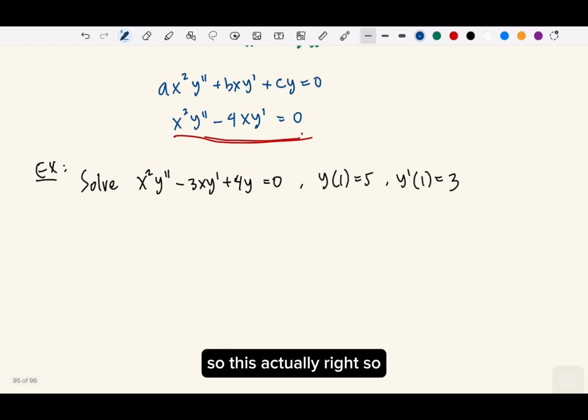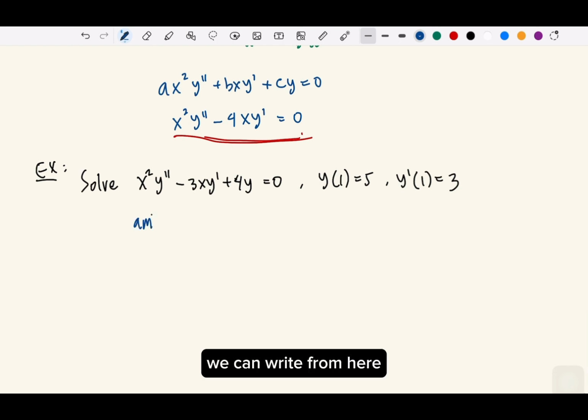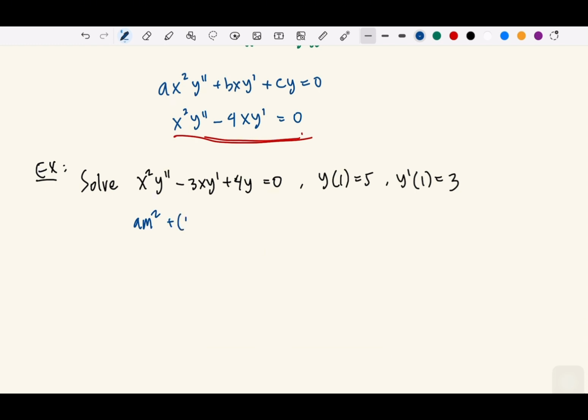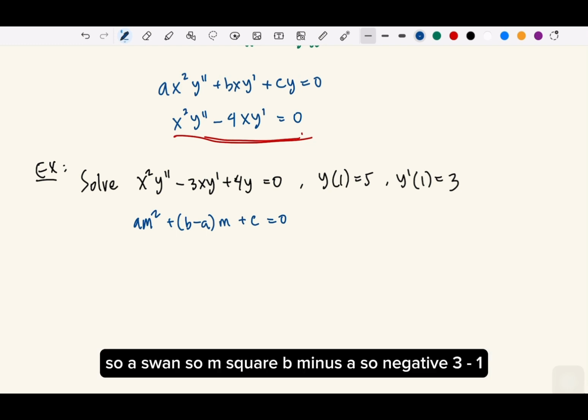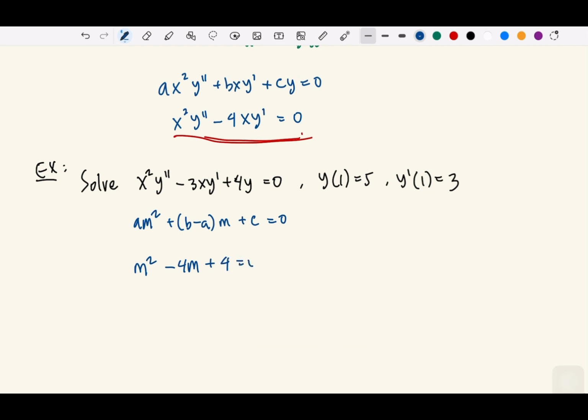So we can write from here. A is 1, so m squared. B minus a, so -3 minus 1, so -4. C is 4.